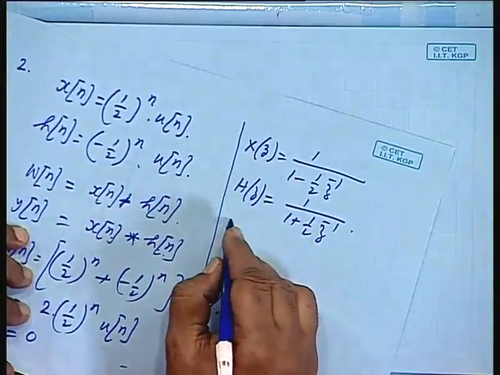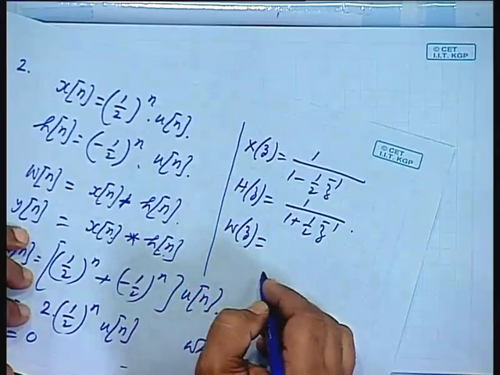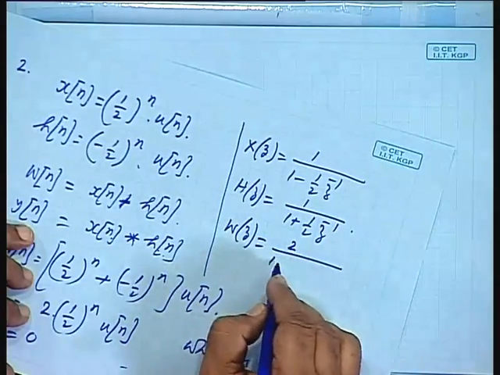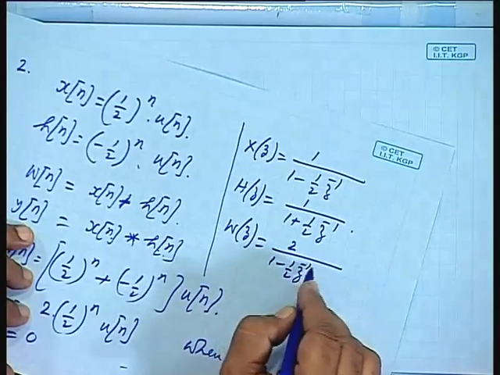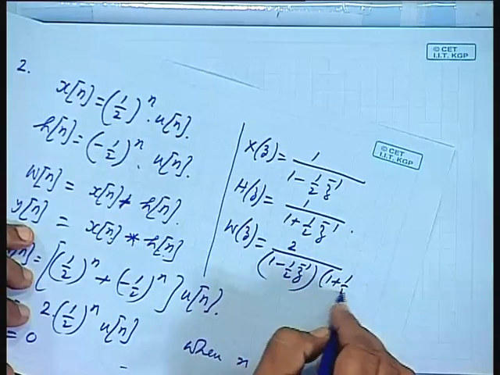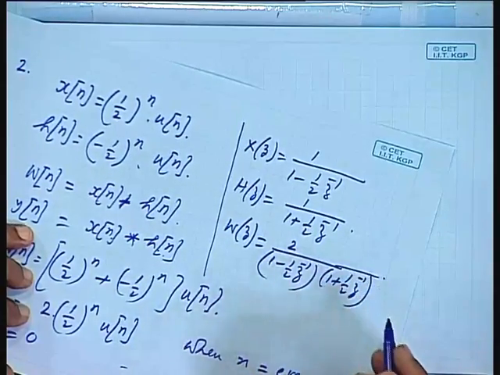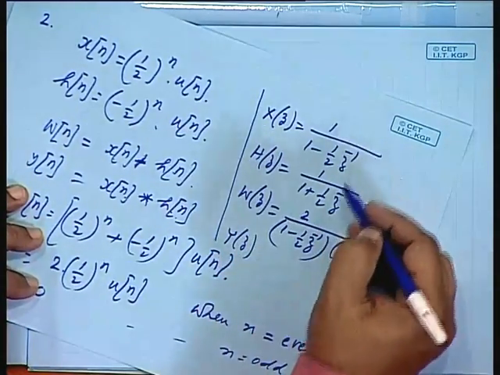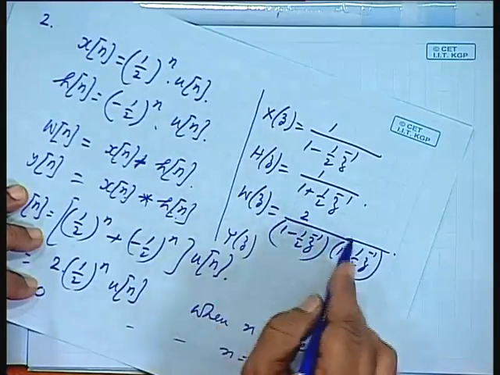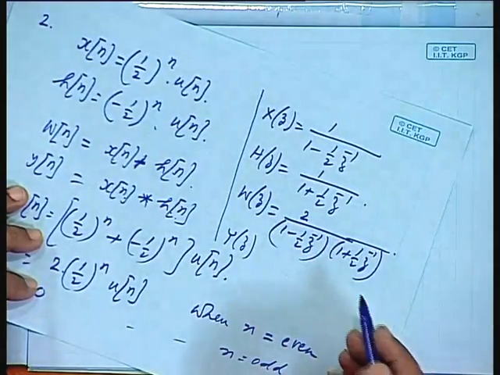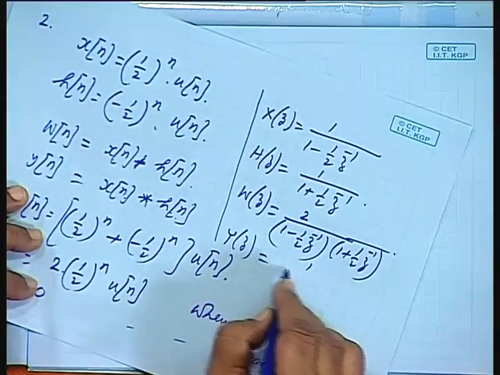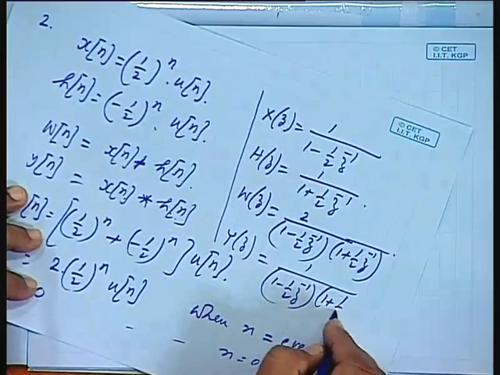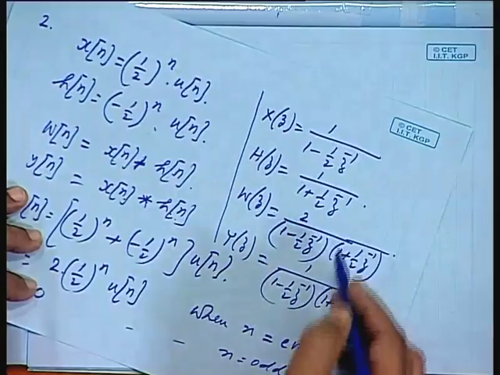If you add them together, W(z) is equal to, half will get cancelled, 2 by 1 minus half z inverse into 1 plus half z inverse. Is that all right? And what about Y(z)? It will be the product of the two, which will be just half of W(z). If you take the product, it will be 1 by 1 minus half z inverse into 1 plus half z inverse. Okay. So, it is half of this.